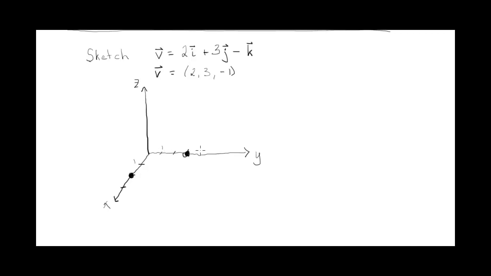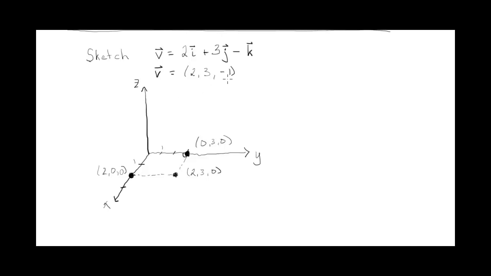So we got the point 0, 3, 0, and the point over here, 2, 0, 0. Now I have to go down, or maybe what we'll do here is we'll draw that box, or that point. So that's the point 2, 3, 0.